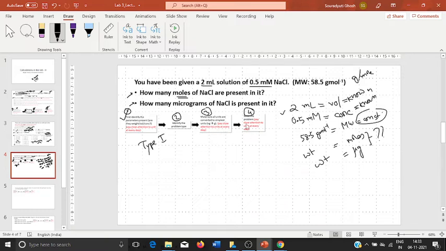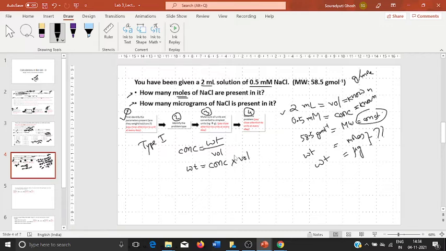So let's convert it into simplest units. Before we go ahead, how do we solve this problem? We will use the equation that is known to us, that concentration is weight per volume. We rearrange this to write weight equals concentration multiplied by volume, right?